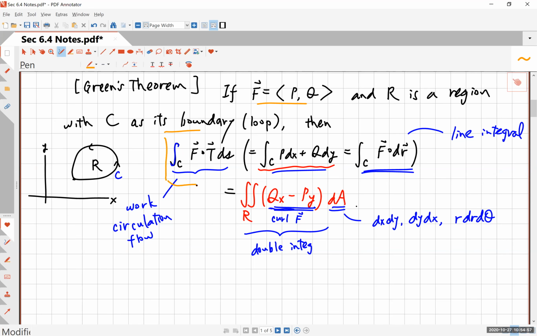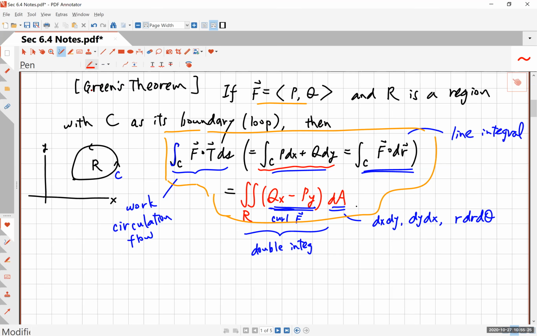And what this is saying is that the work integral around the boundary, the circulation, the work produced by F around the boundary curve C, is equal to the double integral of the curl of F, or Q_x minus P_y. And then of course you do dx dy or dy dx or r dr d theta.